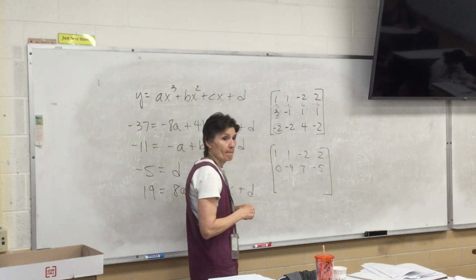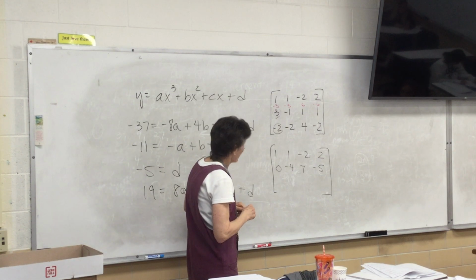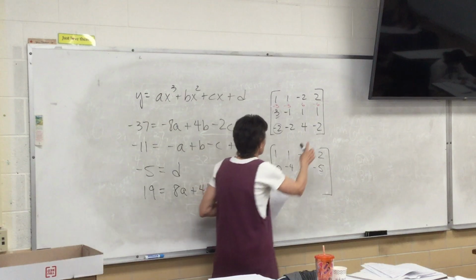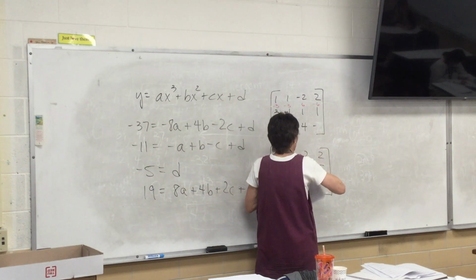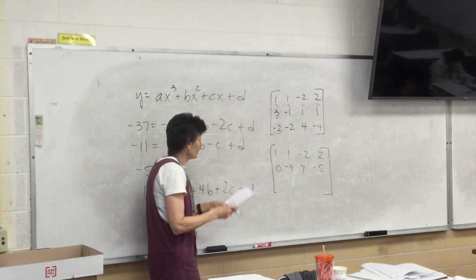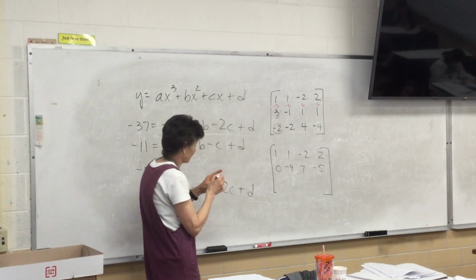Is it -4, not -3? Oh, I copied something wrong here? Yeah, thank you. Luckily, that hasn't impacted me yet, but it sure would here in a second, so thank you.